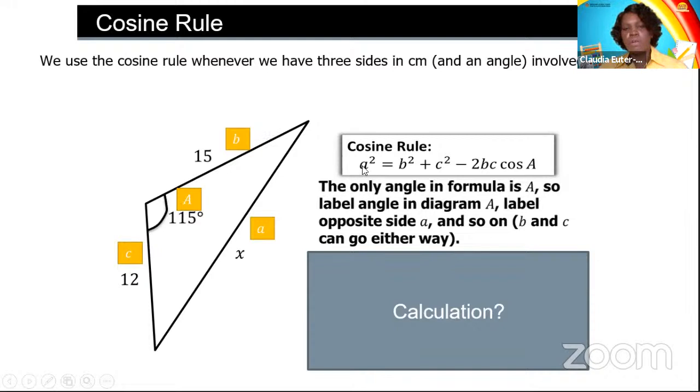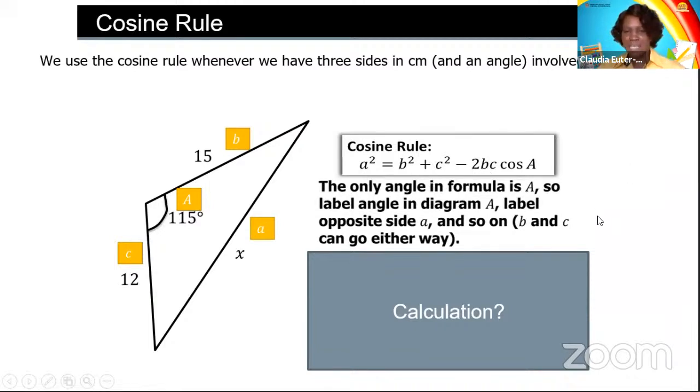So the formula normally starts with a letter. Again, if you start with a common A square, you have to end with a cos capital A. If you label your angle B, you have to start with B square is equal to A square added to C square, and then you change these two letters inside.